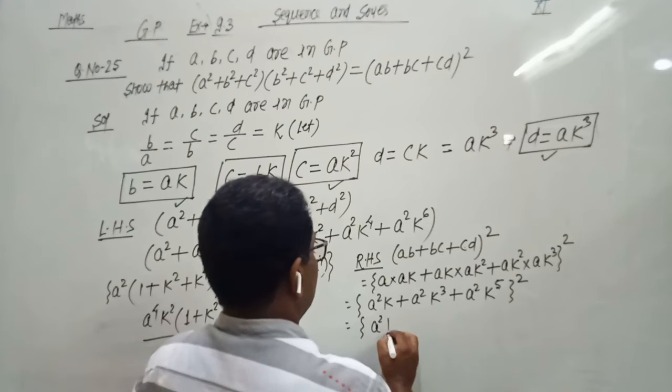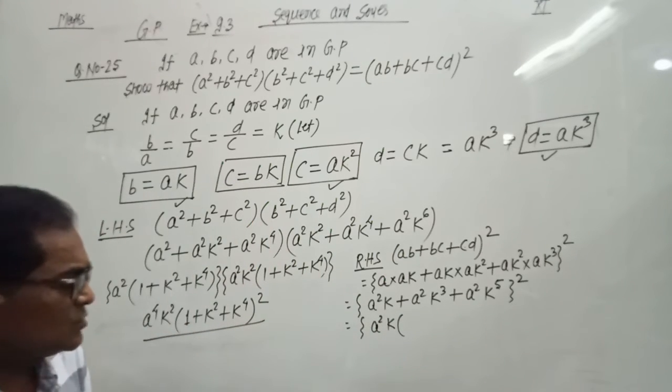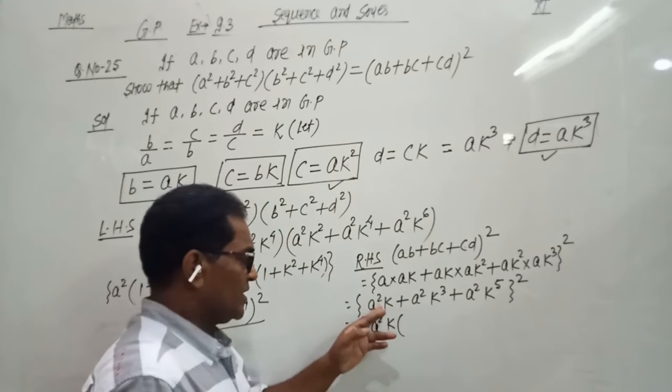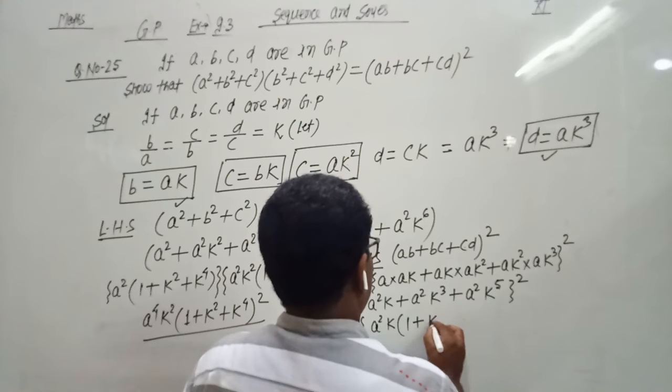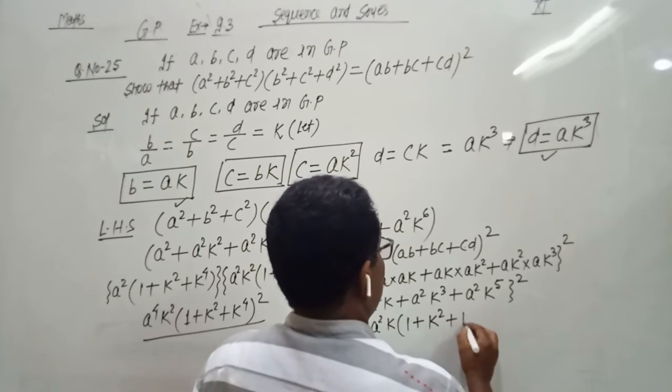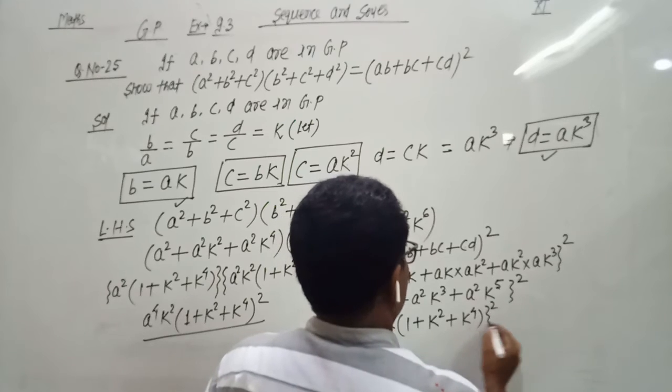Inside the bracket, A square into K is common. So we get 1 plus k square plus k raised to the power 4 and whole square.